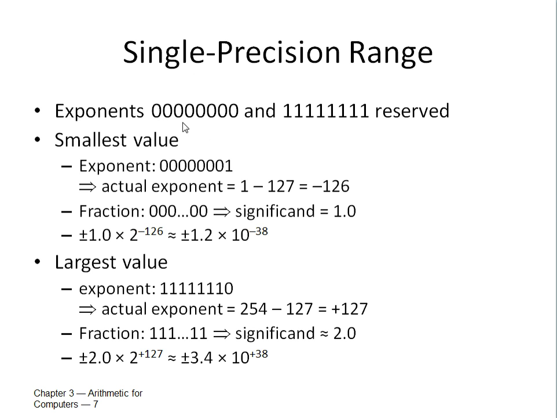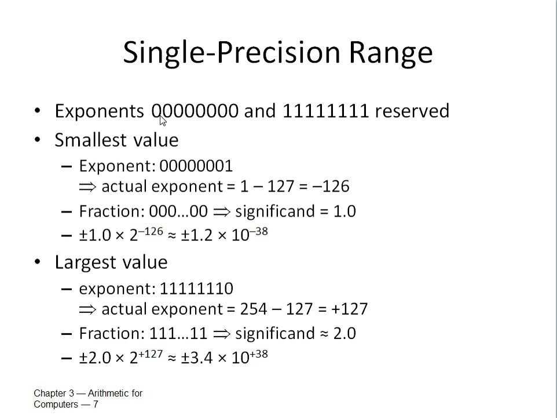The all 0s, these are what are called the denormals, and I'll deal with what they are in a sec, but these are predefined. The all ones are reserved for essentially your error codes. This is where you get plus or minus infinity, the not a numbers. Whenever you get those types of codes, they're actually encoded in the numbers, and those error codes are all 1s.